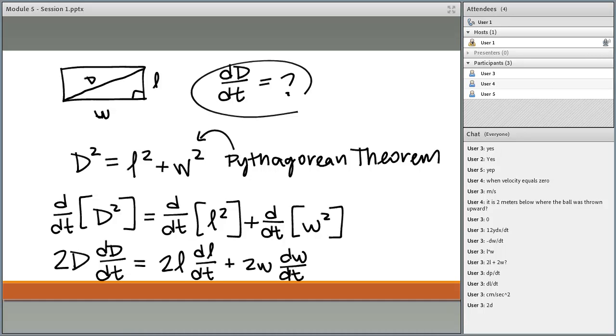So I took the derivative of each of the outside functions by taking the 2 to the front and subtracting 1 from the exponent, but d, L, and W are all functions of time.